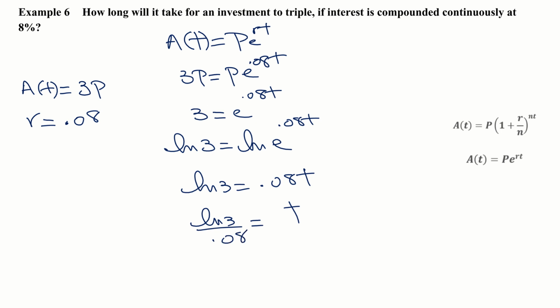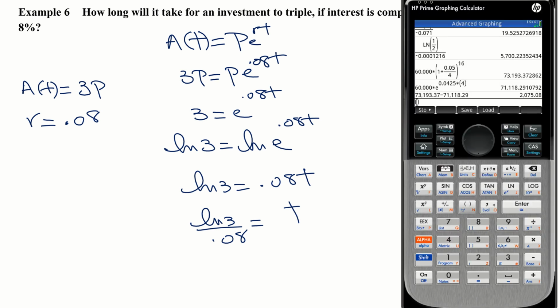Sometimes books will give you tripling formulas and this and that. There's no need to memorize formulas. Just quickly work it out. It's much better for your understanding of the material, and you don't need to burden your brain with memorizing unnecessary information. Okay, so we get ln 3 over 0.08, and we're just going to compute that.